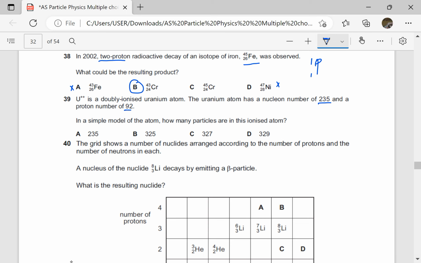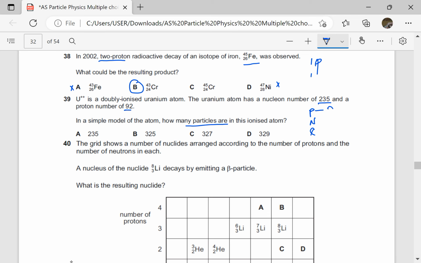In a simple model of the atom, how many particles are in the ionized atom? Remember, when we talk about number of particles, this includes the number of protons, the number of neutrons, and the number of electrons.